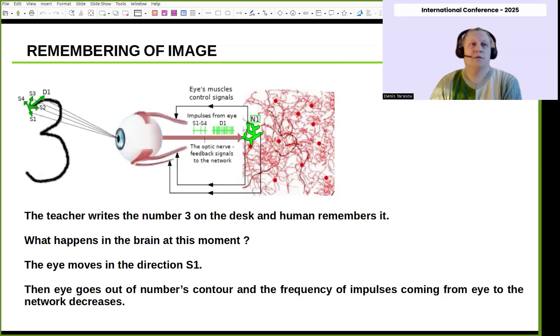The next slide is remembering of an image. The teacher writes the number 3 on the desk and a human remembers it. What happens in the brain at this moment? The eye moves in the direction S1. Then the eye goes out of the number's contour and the frequency of impulses coming from the eye to the network decreases.